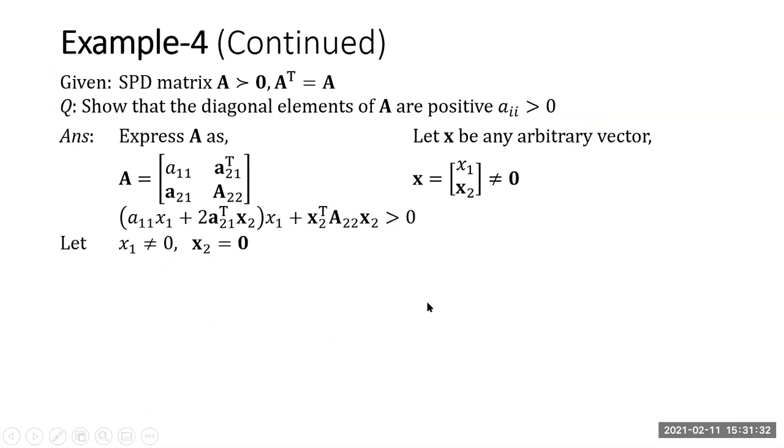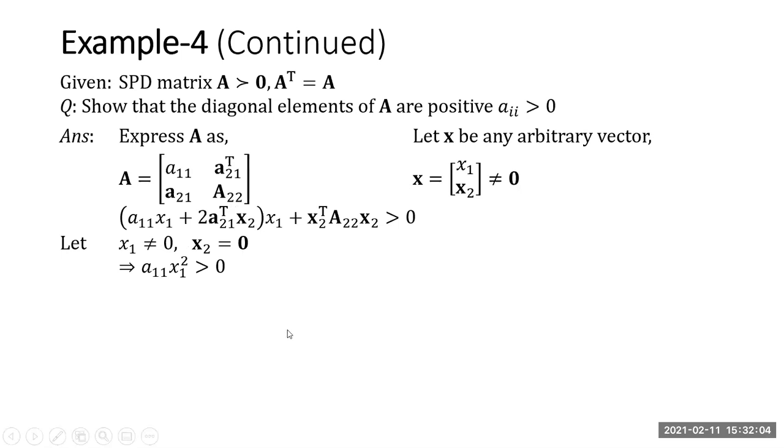Now, since I'm free to choose any non-zero value for this, why don't I choose x1 to be some non-zero value and x2 to be a full vector of zeros, and see what I get? What will happen? This term here will disappear and this term here will disappear. Hence, A11 x1 squared is strictly greater than 0.